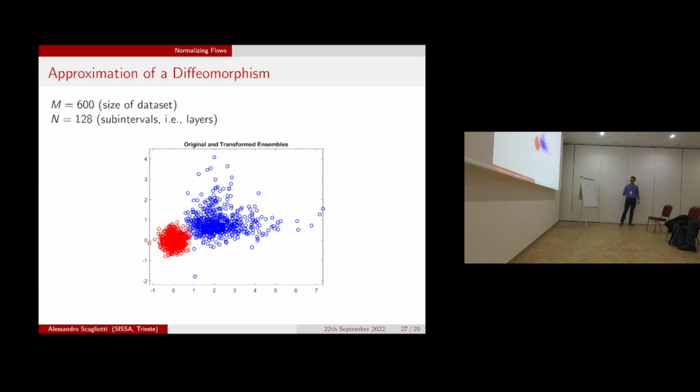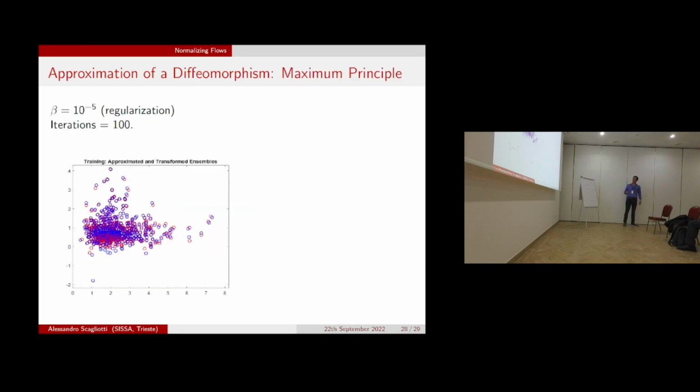Anyway, what is that? The red dots are the original ensemble of points that we have generated that have been transformed by an unknown diffeomorphism psi, and the blue dots are the transformed points.